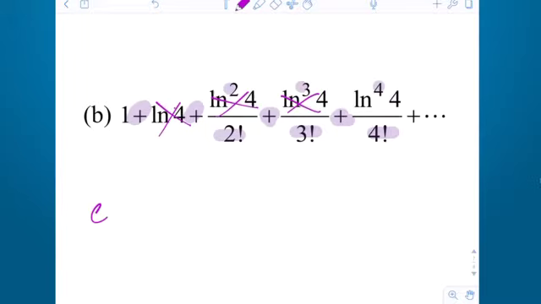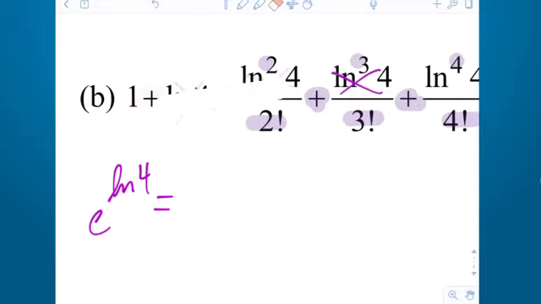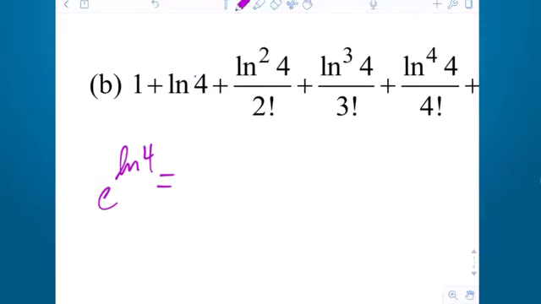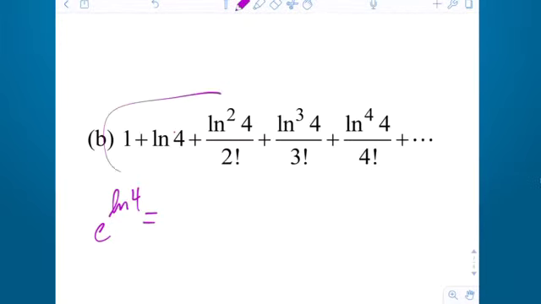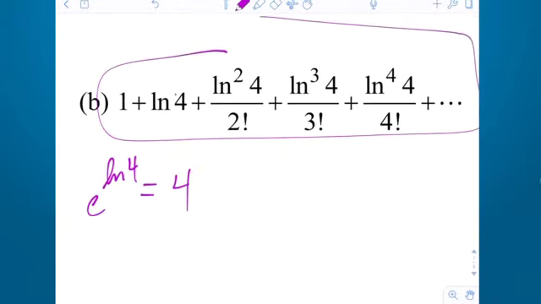So this is not e to the x, but e to the what? ln of 4. Yeah. So once we recognize the e function evaluated at natural log of 4, we can evaluate this a different way, rather than adding up all these infinitely many terms. And of course, that equals 4. So this is a convergent series, and it converges to the sum of 4.